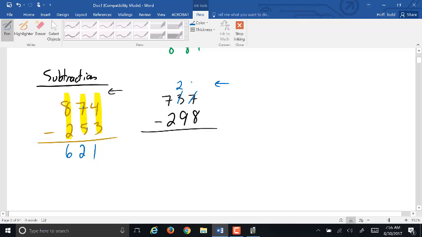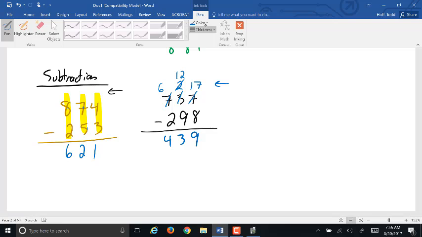This becomes 17. 17 minus 8 is 9. 2 minus 9? Can't do it. Borrow from the 7. That's a 6. And this is now 12. 12 minus 9? 3. 6 minus 2? 4. So 439.